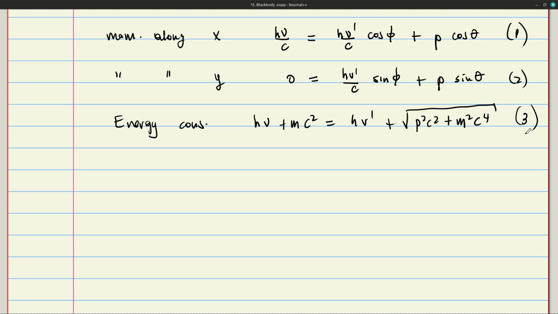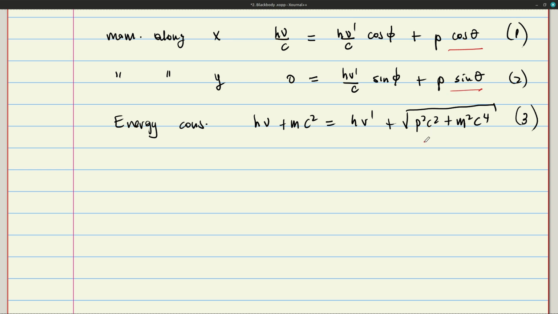I want to eliminate as many variables as I can, and I think there are different ways to do this, but I would like to do it like this. If you see, there are p cosine and p sine. I want to take these on the same side and take the square of both sides, and when I sum the squares of p cosine square and p sine square, it's going to be 1, and I'll eliminate the theta variable.